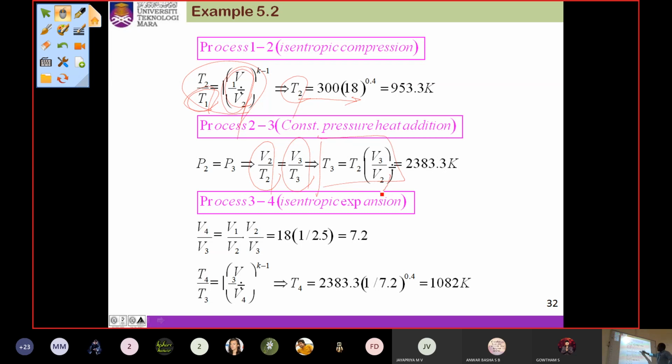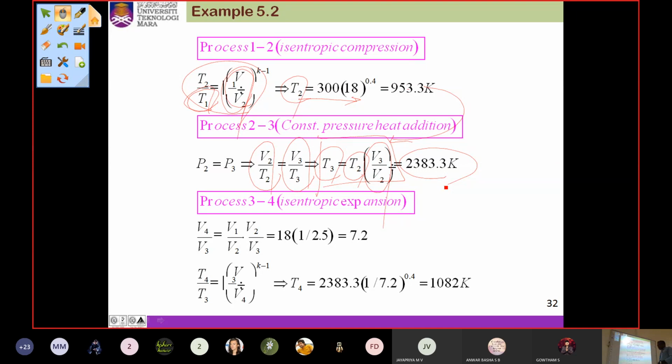So we know the value of this V3 by V2. They gave the cutoff ratio. V3 by V2 equal to cutoff ratio. Then if we calculate the T2 value, it is 953.3 Kelvin. And if we substitute, we can get the T3 value. The T3 value will be approximately 2383.3 Kelvin. Yes, you can cross check the value with the use of a calculator.